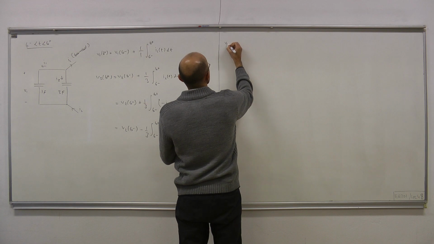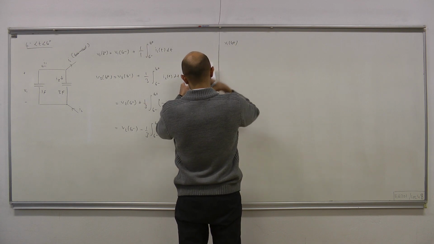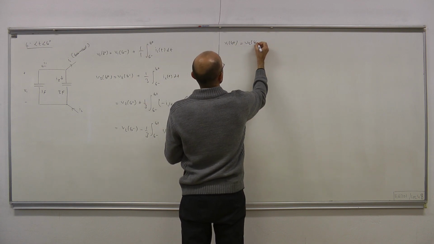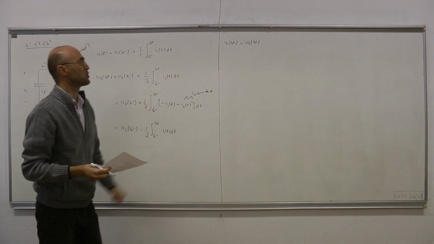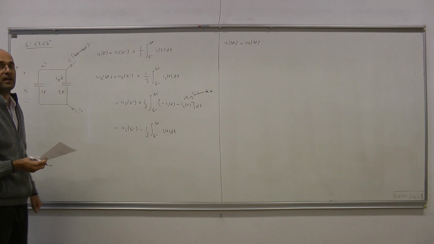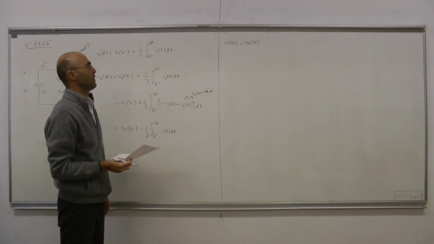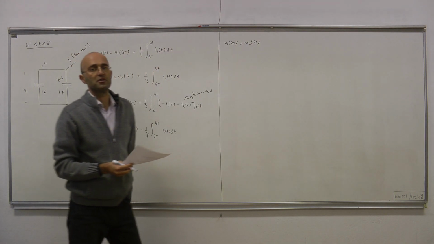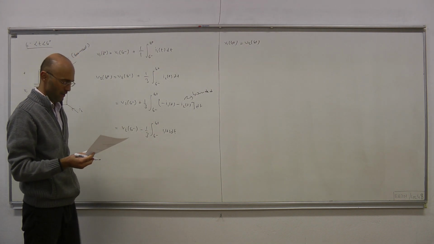So V1(6+) equals V2(6+). When the switch changes position, it forces V1 and V2, or capacitor 1 and capacitor 2, to become parallel. And by KVL, those two voltages must equal one another.